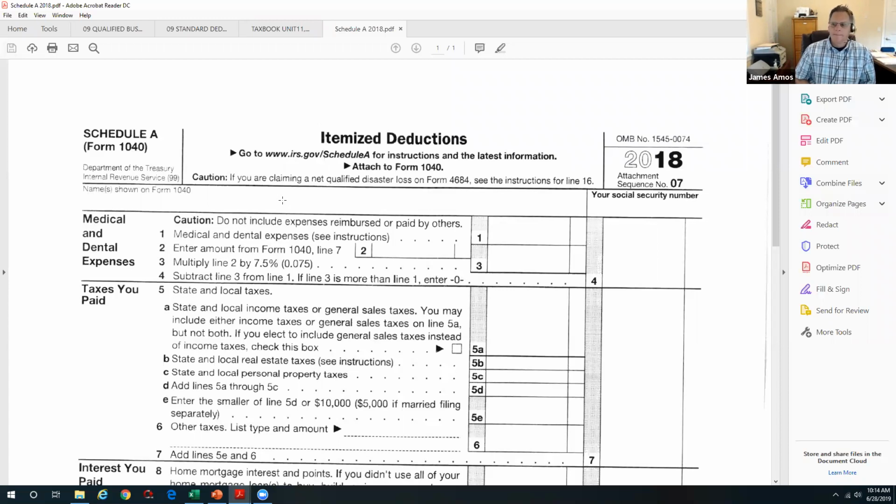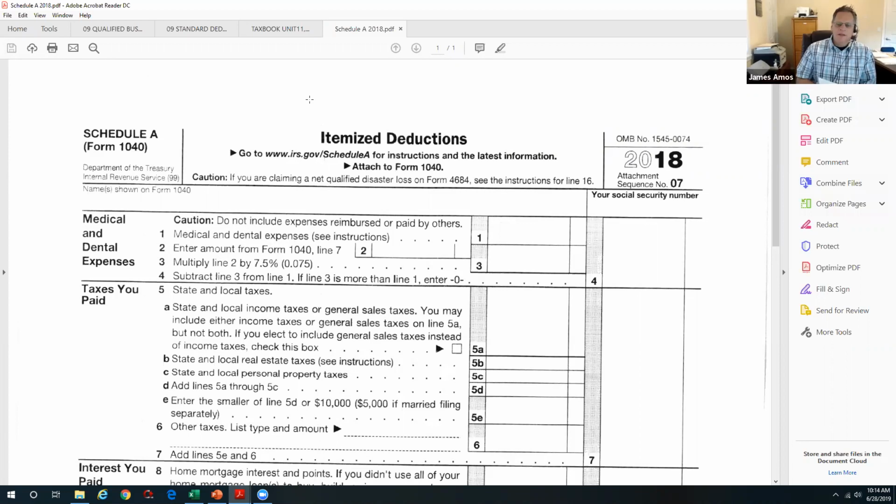Look at your Form 1040. Tell me what line do you put your standard deduction? Line 8. What line, if you choose to take itemized deductions, what line will you take itemized deductions on? Line 8 also. Perfect.